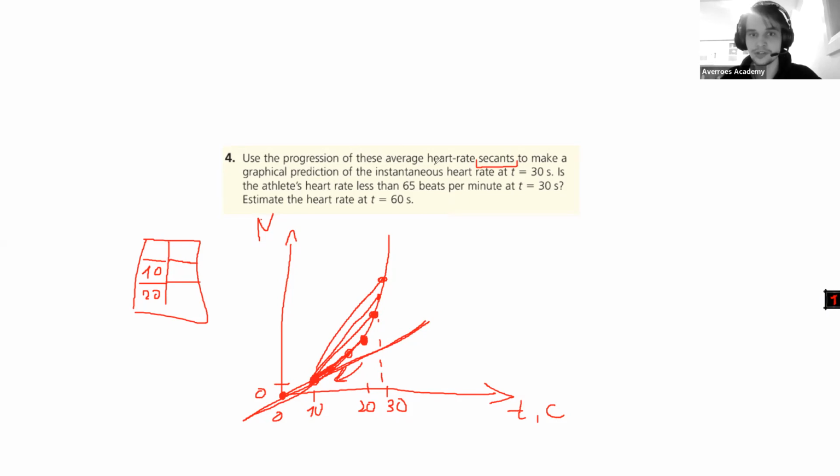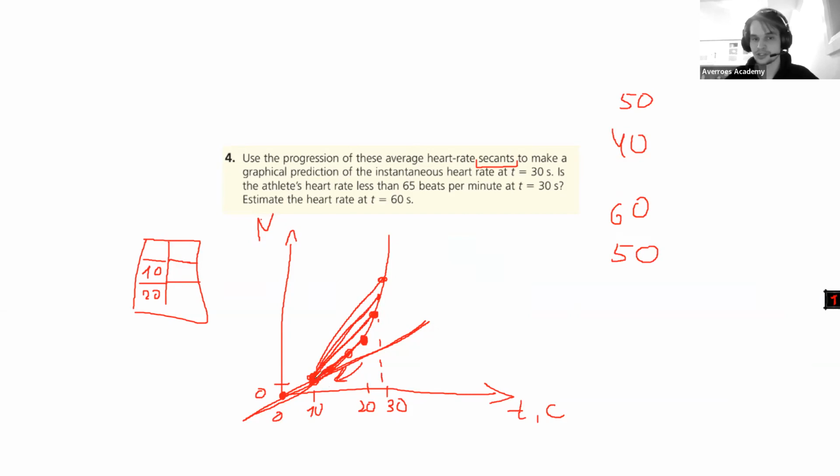Use the progression of this average heart rate secants to make a graphical prediction of instantaneous heart rate at 30 seconds. So there, we had some values. Let's say there were 50 heartbeats at the point of 40 seconds. There were 60 heartbeats at the point of time of 50 seconds. And this line joins these 2 values together with the reference point.